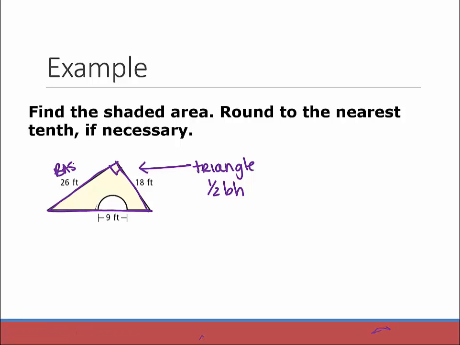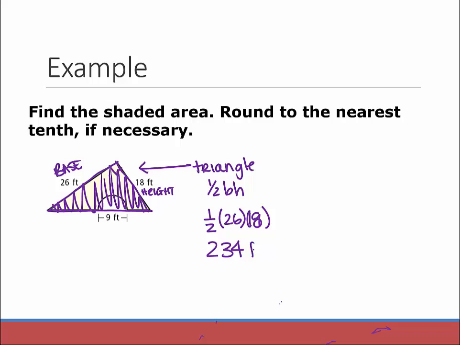This would be the base, and this would be the height. Let's find the area of this entire triangle without that chunk taken out. So 1/2 times 26 times 18. If you multiply 26 by 1/2, you get 13. Times 18, you end up with the whole triangle being 234 feet squared.